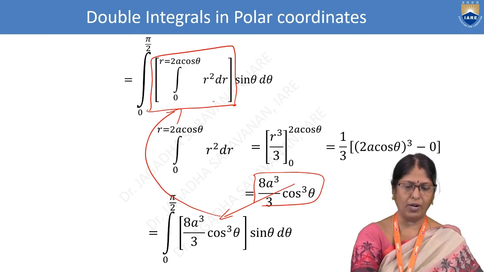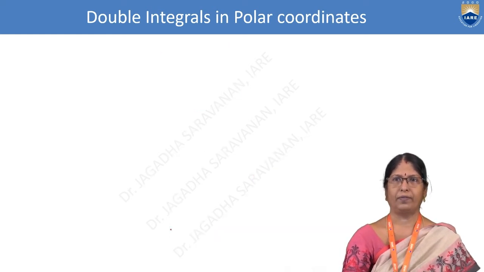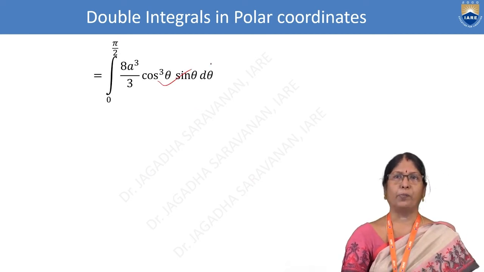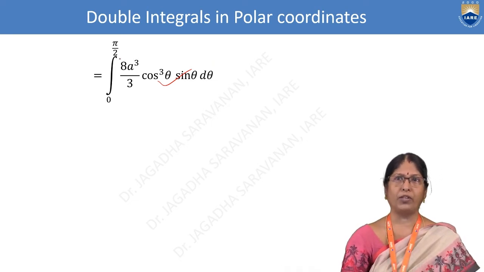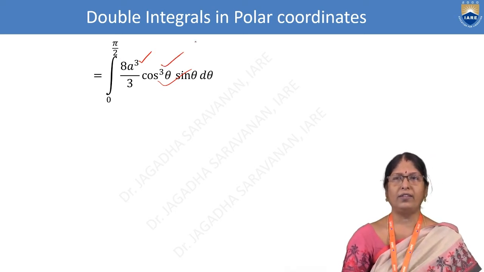So even if it is a double integral, we treat it as single. This is the last step in the previous slide. So integral 0 to pi by 2, 8a cube by 3, cos cube theta, sin theta, d theta. This we have to integrate.